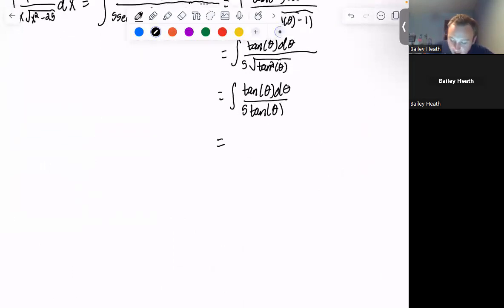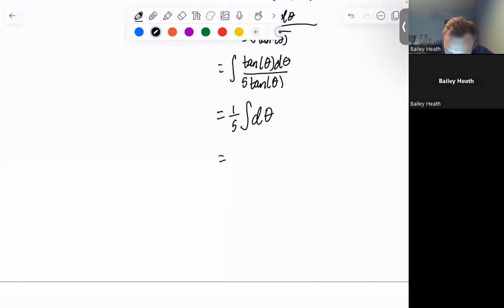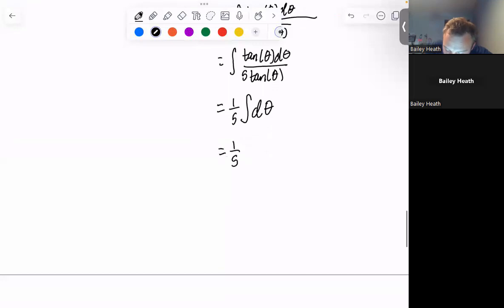These tangent thetas cancel, and I'm going to move the 1/5 out front, and I just get the integral of d theta. Okay, my gateway exam is yelling at me that I'm running out of time, but that's okay, because here I'm just focused on explaining everything in great detail. So this just becomes 1/5 theta plus c.